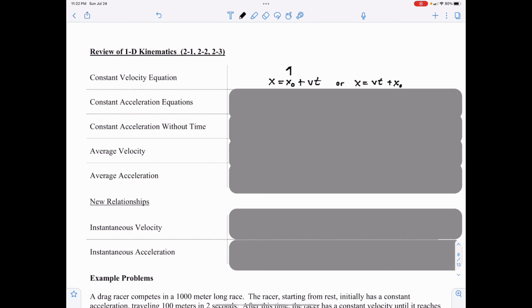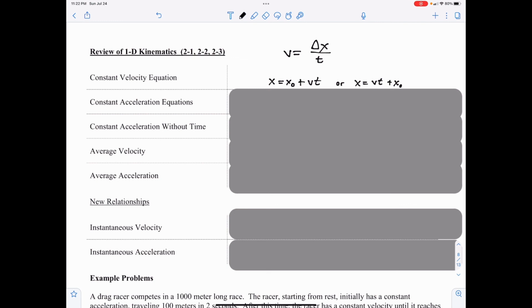Typically, you would see this as velocity equals change in position over time, but this is another way to write it. Subtract this over to the other side and divide by t, and that's how you get the same result.